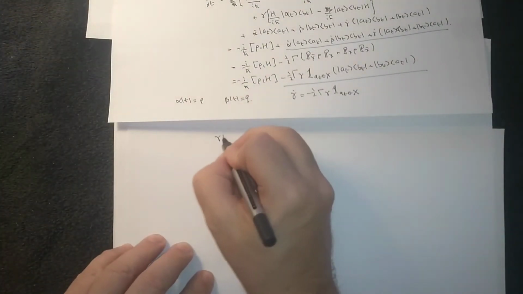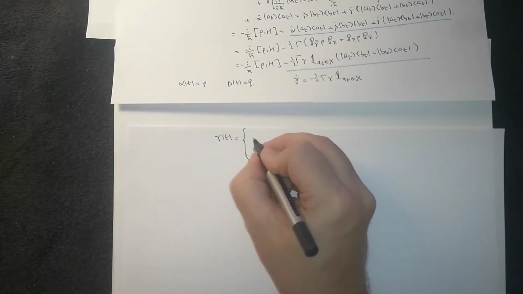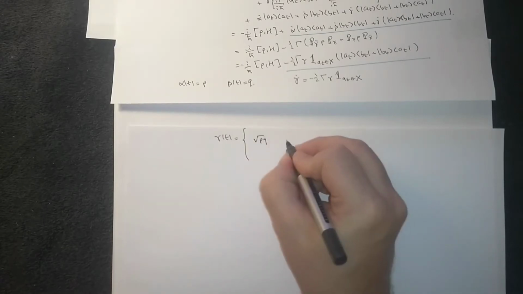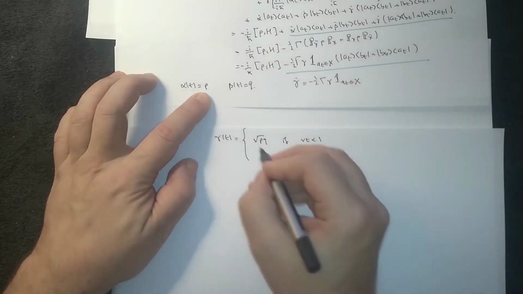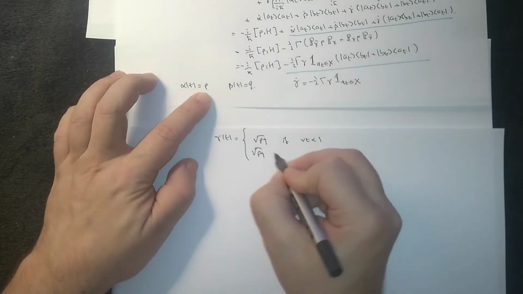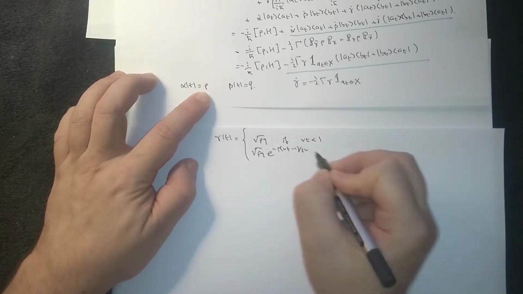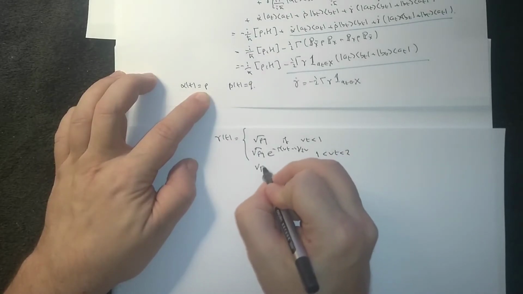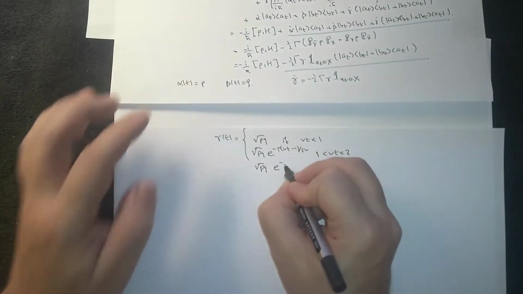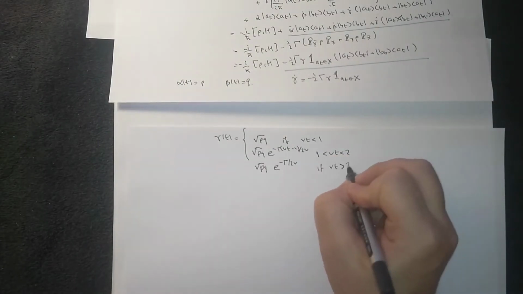In other words, gamma of t is equal to square root of pq if Vt is smaller than 1, square root of pq e to the minus gamma (Vt minus 1) over 2v if 1 is less than Vt is less than 2, or root pq e to the minus gamma over 2v if Vt is greater than 2.